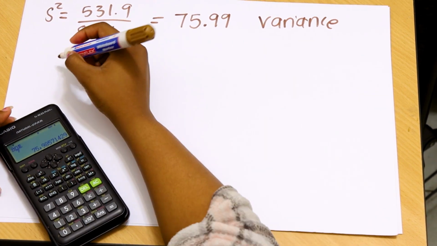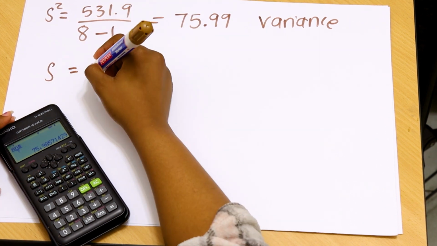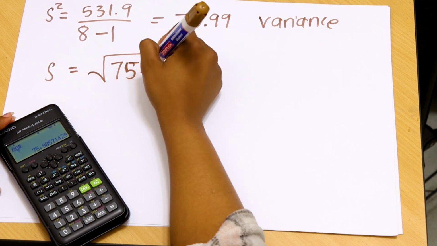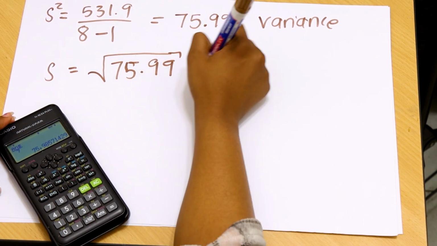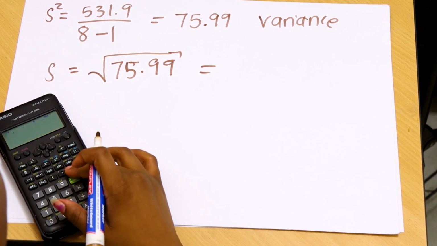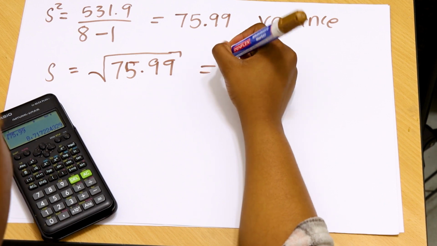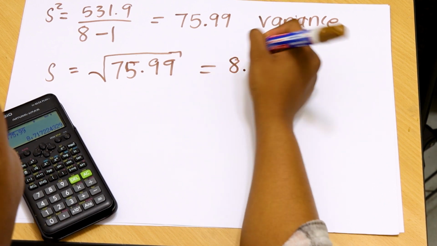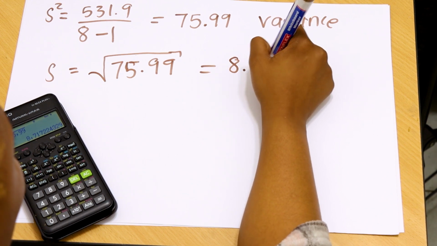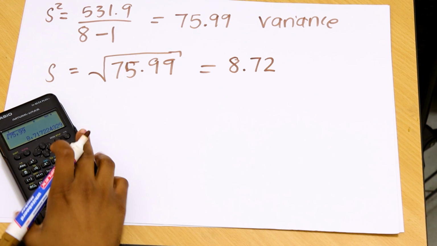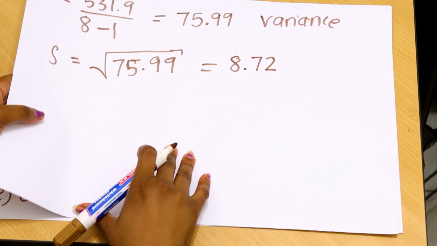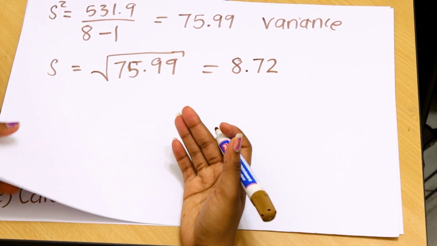Then to find the standard deviation is the square root of that value. It's 8.72. So that's how you find the variance.